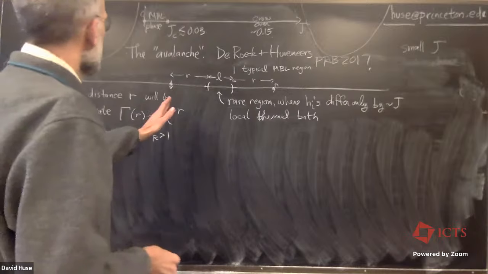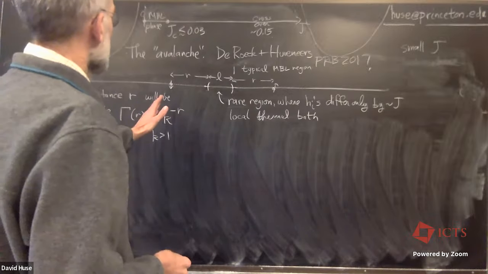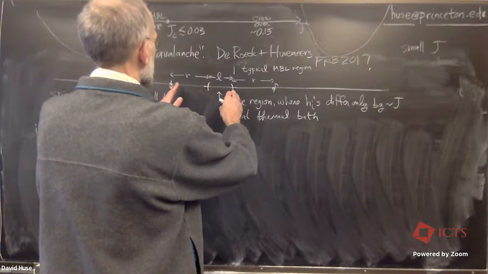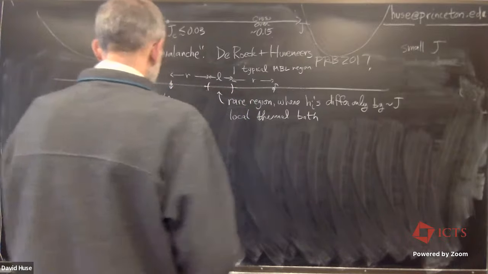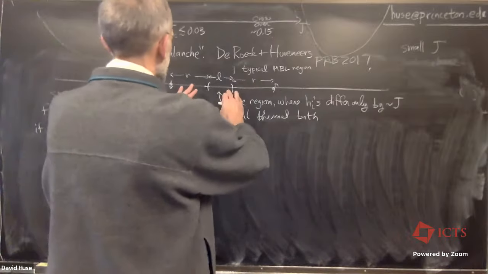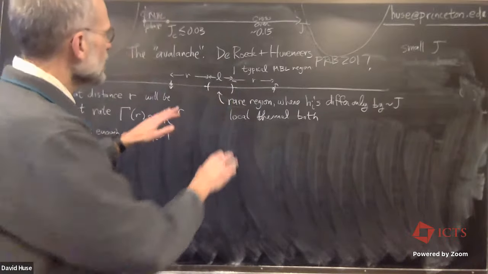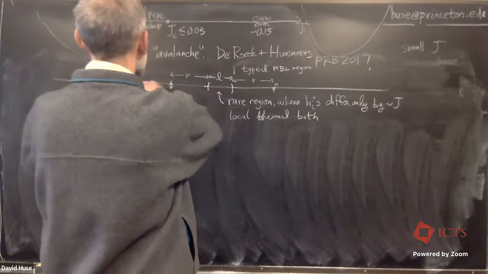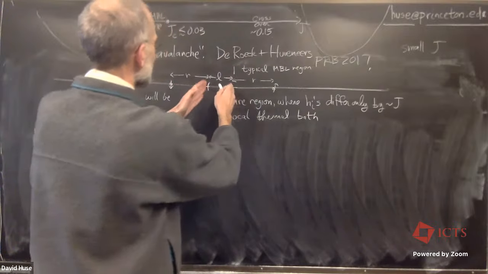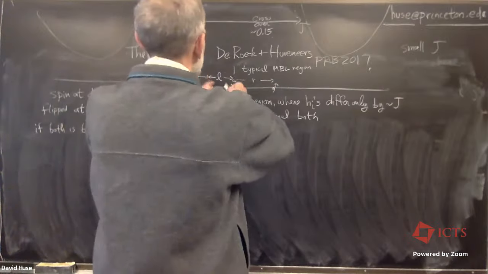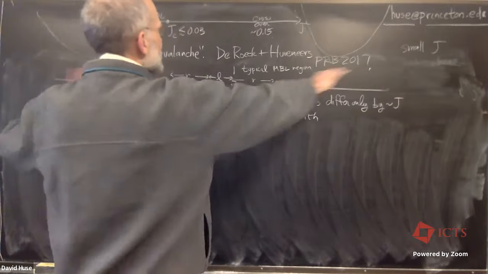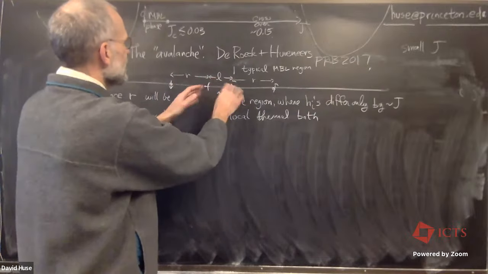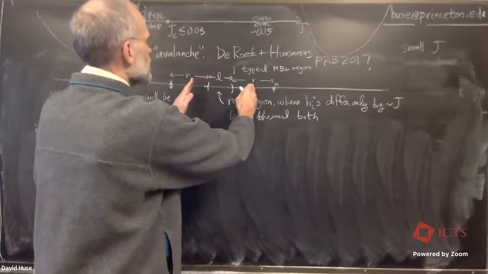There are various ways of saying this, but one way is what I said before. Let's start in this initial state where these are all localized, the baths are thermal, and it's a product state between the baths and the MBL regions, and then we just turn on these couplings and watch the thermalization spread.